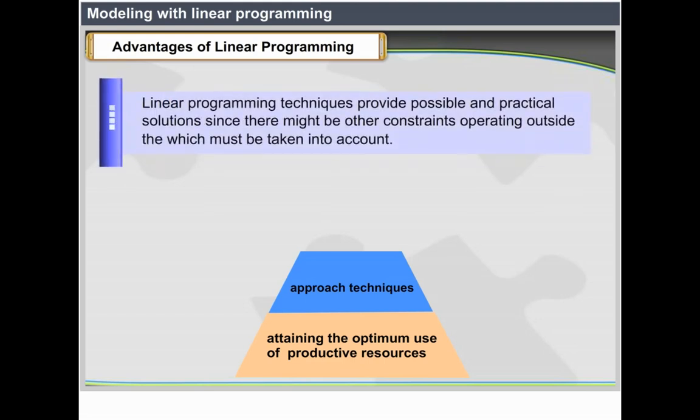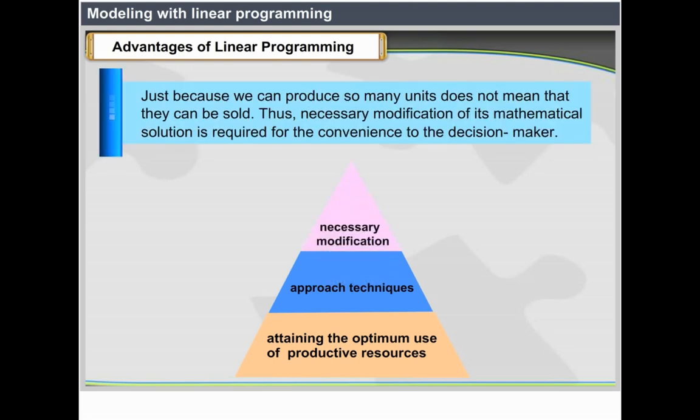Linear programming techniques provide possible and practical solutions, since there might be other constraints operating outside which must be taken into account. Just because we can produce so many units does not mean that they can be sold.